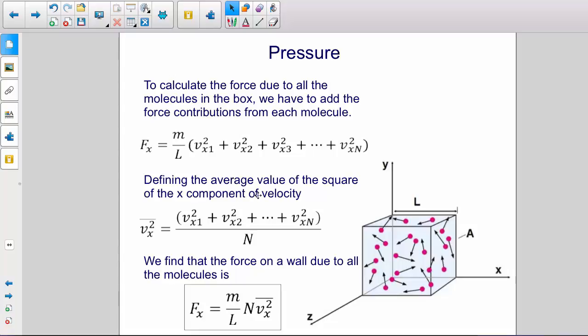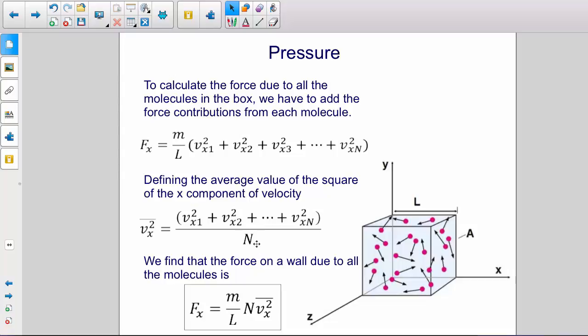Now, we can define the average value of the square of the x component of velocity in this way. We use a bar to signify average, and we get the average of V x squared is equal to the sum of the V x squares for all of the particles divided by the total number of particles.